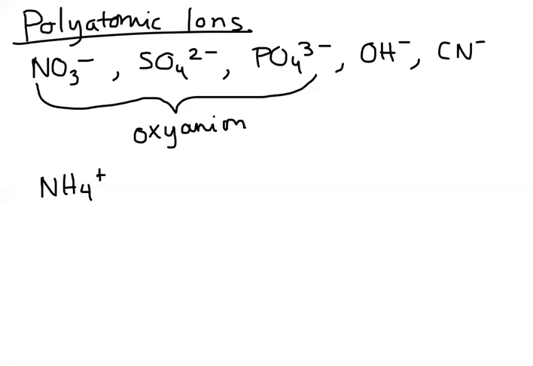NH4+ could take the place of a metal in an ionic compound. So you know how I said that the cation in an ionic compound is usually a metal? This is the one you need to know. So if it starts with a metal or an NH4, it is an ionic compound.